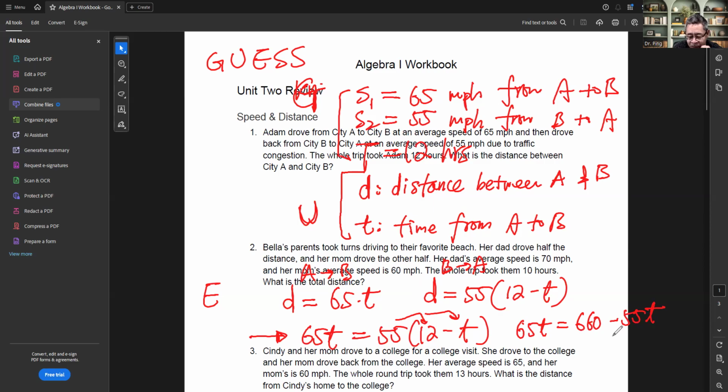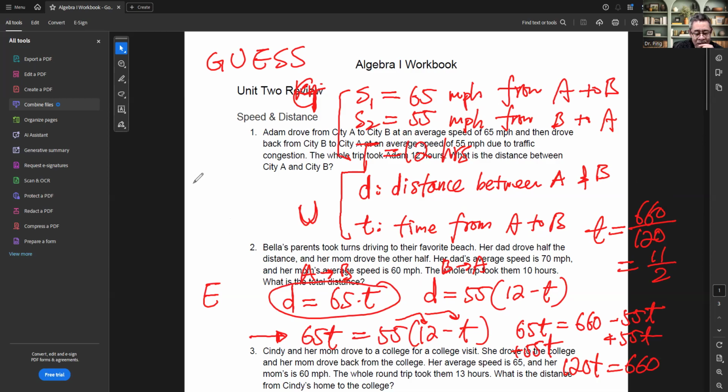Then we add 55t on both sides. Then we got 120t equals 660. Then our t is 660 over 120. So we got 11 over 2. And that's why we go back to this equation to find our distance.